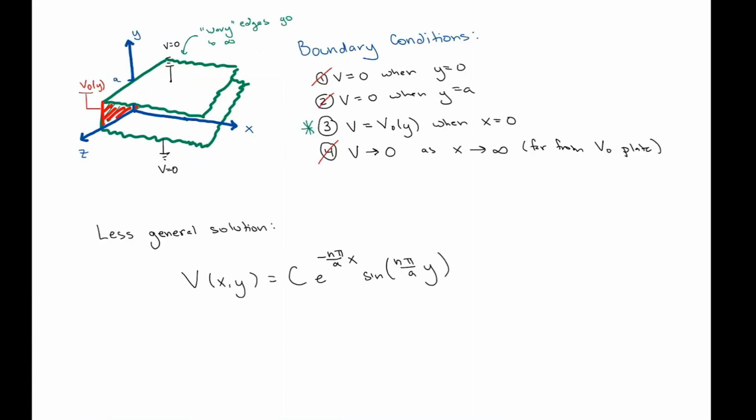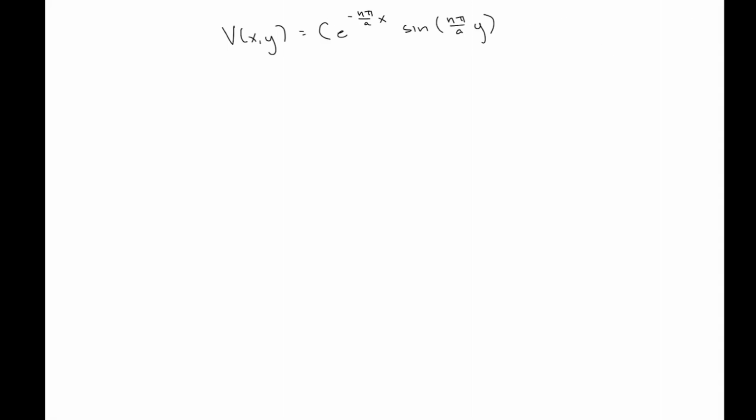Okay, and it's worth noting the way I set up this problem, I allowed for this V naught, or this hot plate, to have a voltage that depended on y. Okay, so this is worth noting. It can depend on y.